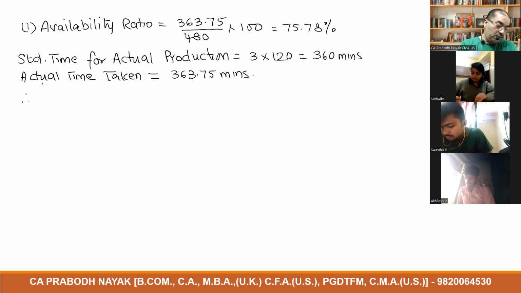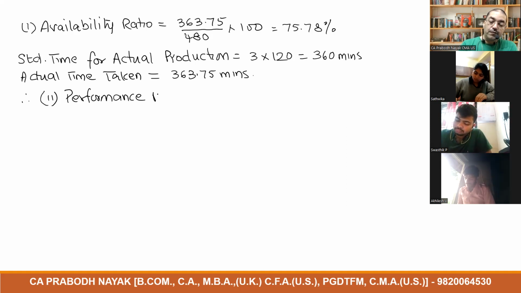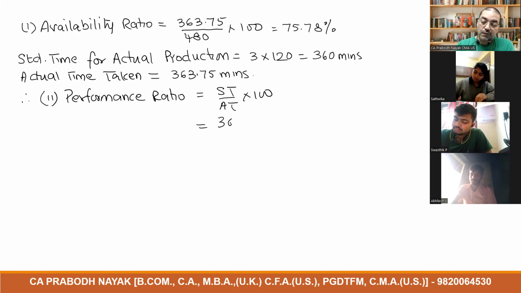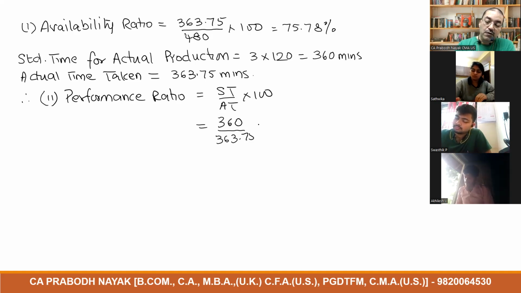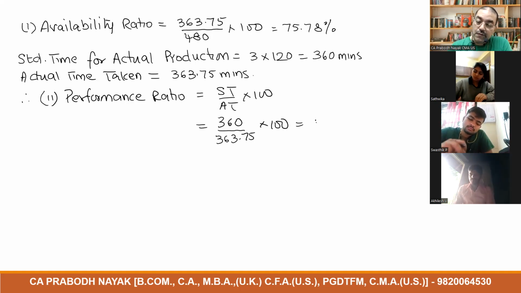Therefore, second ratio, performance ratio: standard time upon actual time into 100. 360 by 363.75 into 100 is 98.97%.